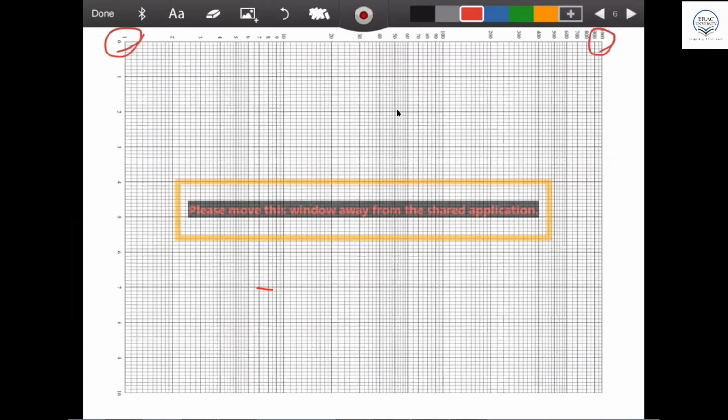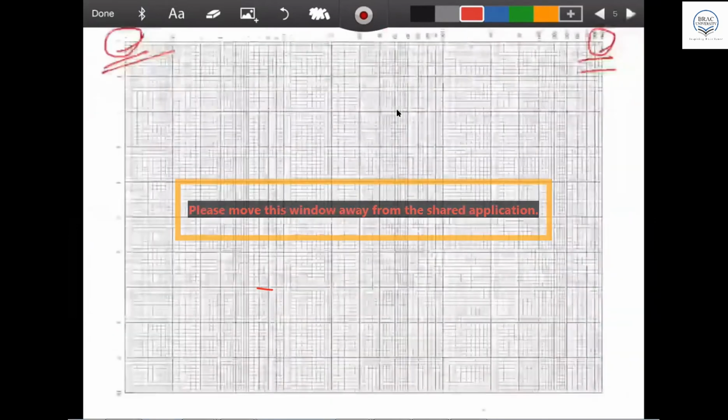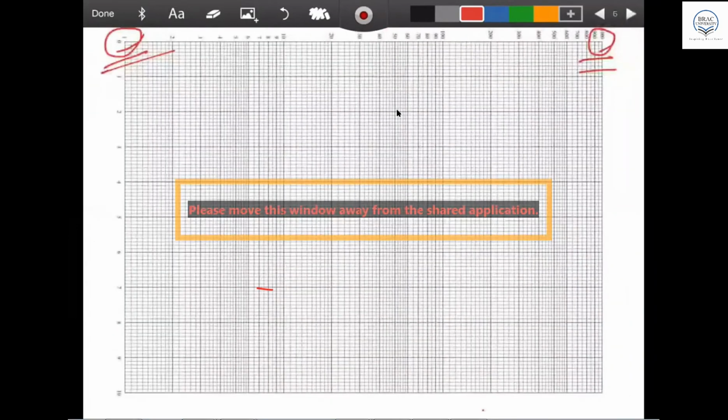Yes, okay sir. I'm sorry for that. Okay, one is the minimum and the maximum is 1000, but our frequency minimum is 0.1 and the maximum we can say like 500 or 550 or something like that. So the minimum is 0.1 but here the minimum is 1, so it cannot be drawn from here.